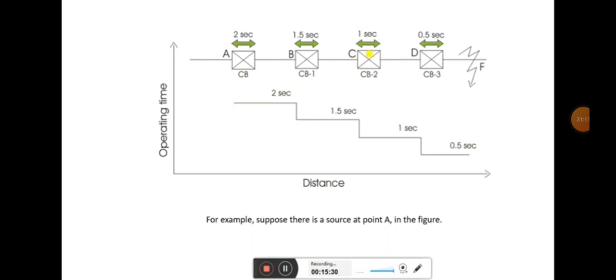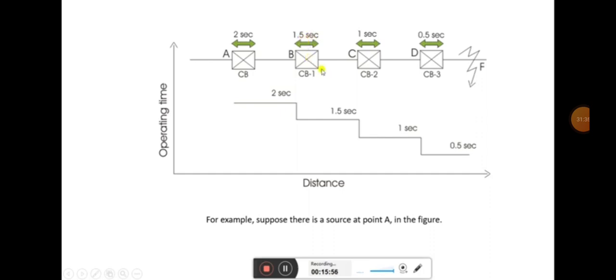Now, if CB2 also fails to trip or fails to operate, then next to CB2, CB1 is placed in series with the transmission line, and for this CB1, the time of operation is given as 1.5 seconds.